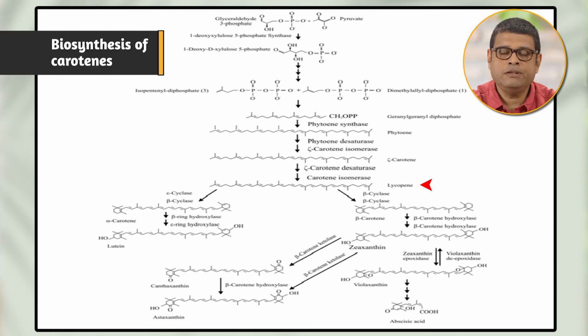On one side, with the beta cyclase action it will produce lutein, and on the other side it will also undergo cyclization to produce beta carotene, zeaxanthin, and in this way we can see that carotene will be converted to xanthophyll, which is yellow in color.